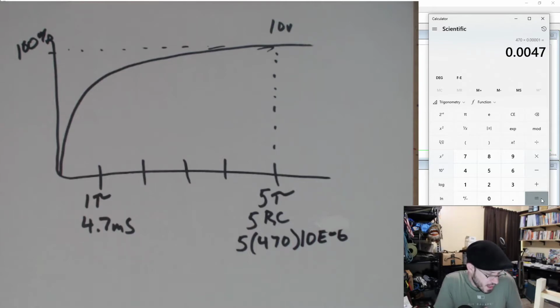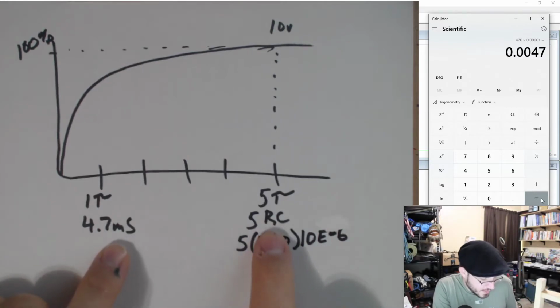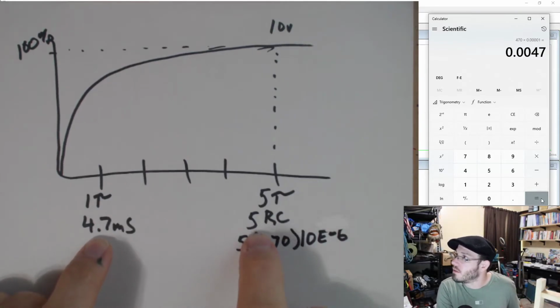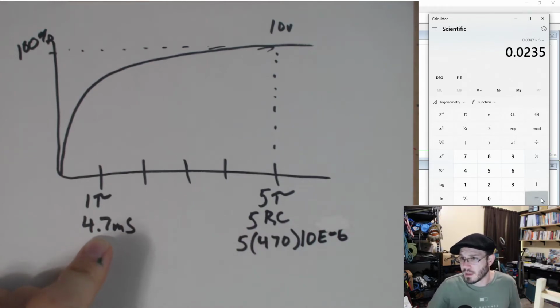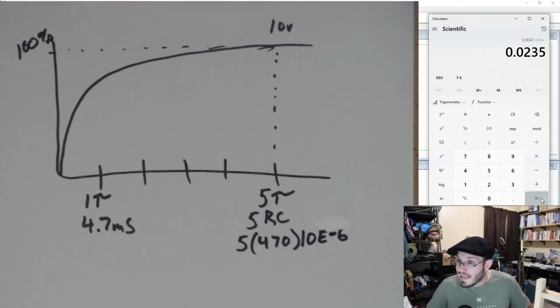All right. Now, 5 time constants would just be 5 times 4.7 milliseconds. So let's take this and times 5. 23.5 milliseconds.